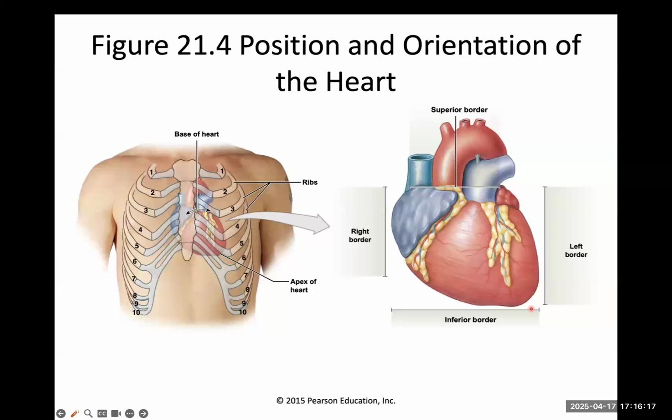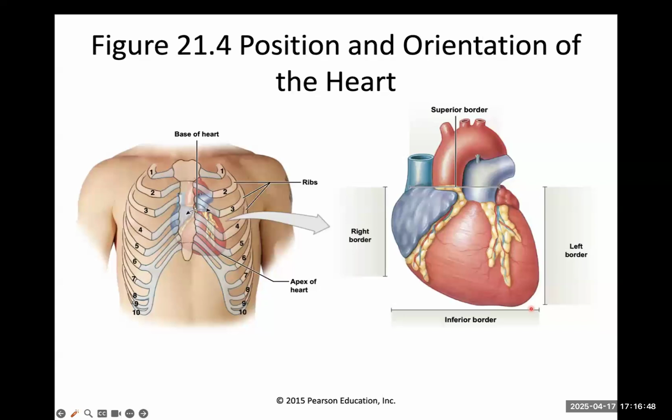What I want you to do is put it in the right orientation when you're trying to name the parts on the sheep's heart. Turn it and make sure the apex is pointing to the left side. So with the sheep's heart or cow's heart, whatever we dissect, put it in the right orientation first, and then identify all the parts. That's anatomically correct.